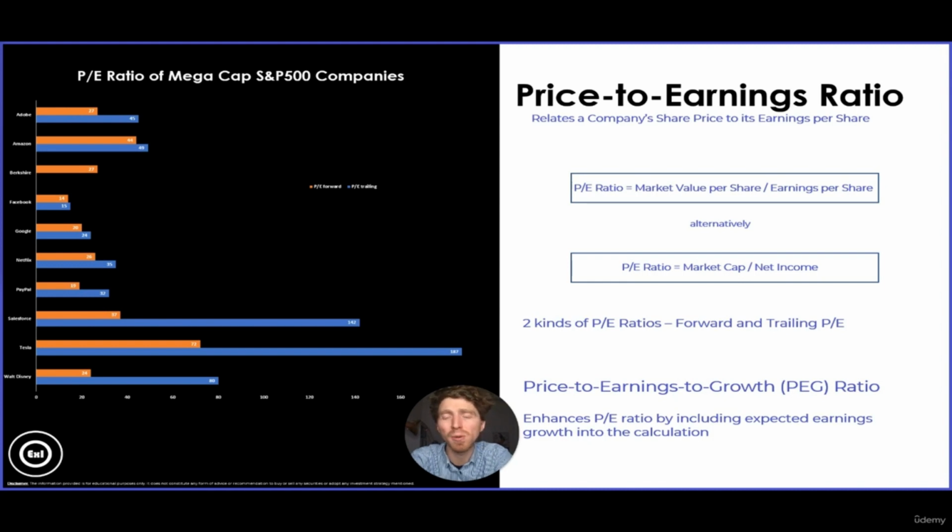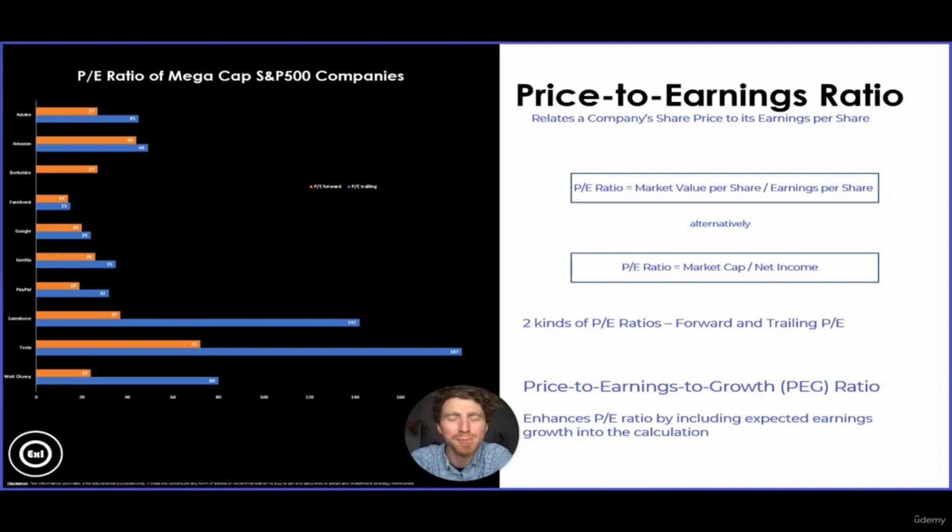So here Adobe has quite a rich valuation. Taking another example with PayPal, the same story: the forward PE is lower than the trailing PE ratio. So there as well, earnings projections are quite positive, and PayPal is still highly valued, but lower compared to Adobe if you look at the IT industry standard.